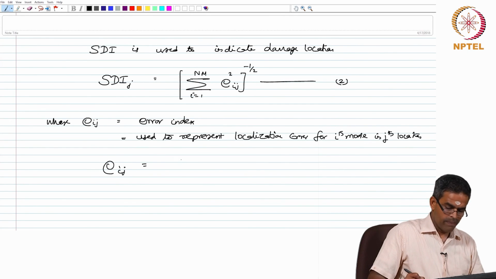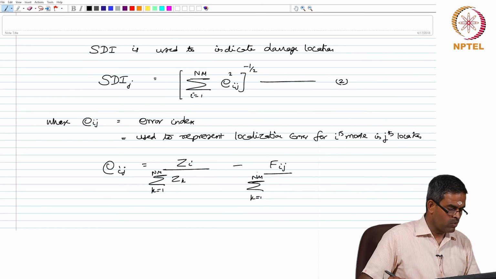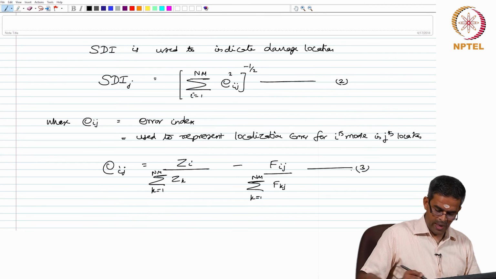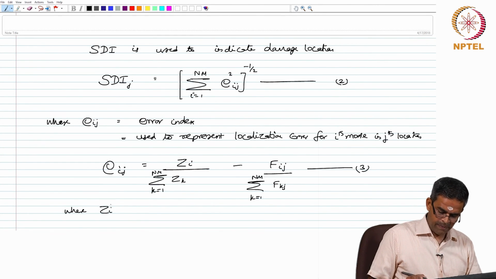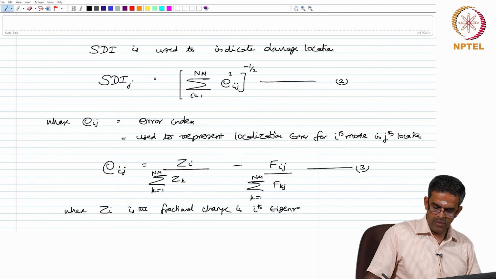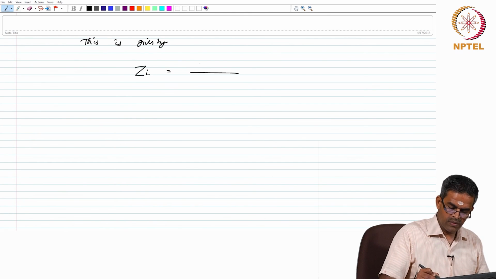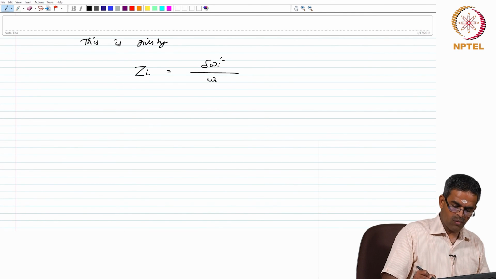Eij is given by Zi by summation k equals 1 to number of modes Zk, minus Fij by summation k equals 1 to number of modes Fkj, where Zi is the fractional change in ith eigenvalue due to damage, which is given by Zi is equal to del omega i square by omega i square.